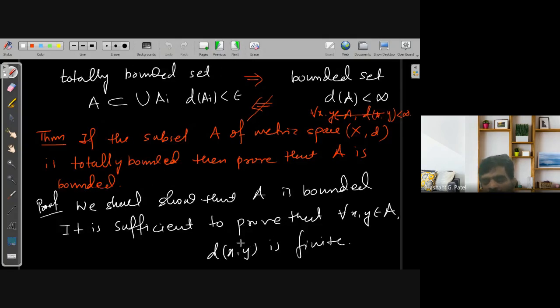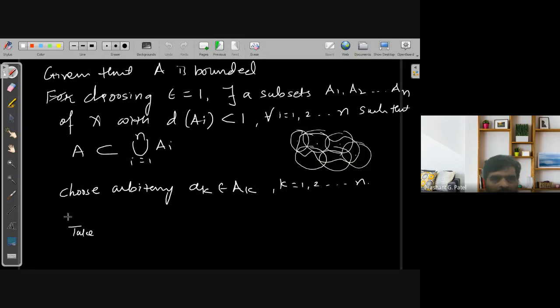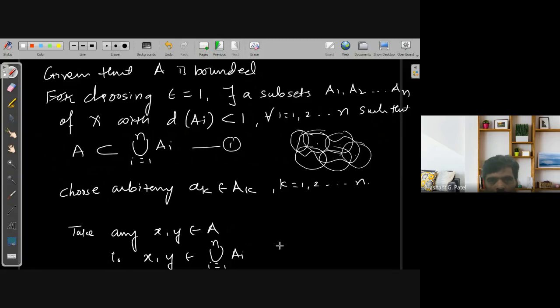I will fill up this space later on, because I want to show how to prove that d of xy is a finite number. So there exists some M, and what that value of M is, I will write down here. Take any x, y belonging to A. Therefore x and y belong to the union of these Ai due to equation 1. So x and y are in some of these Ai, and maybe they are in separate sets.